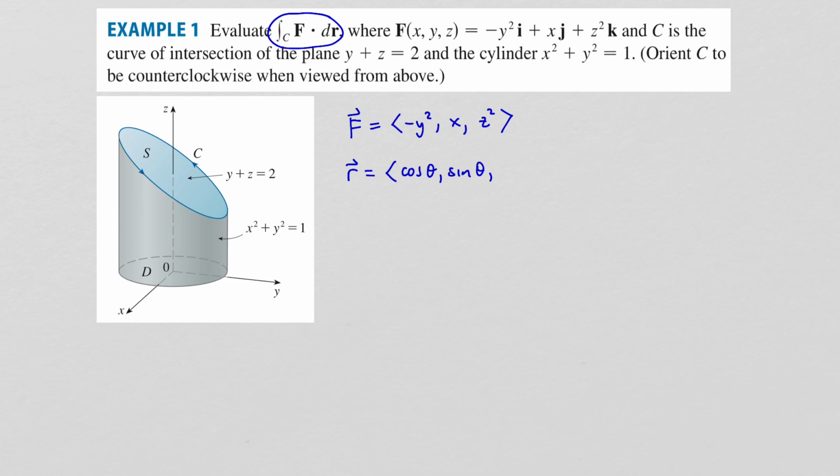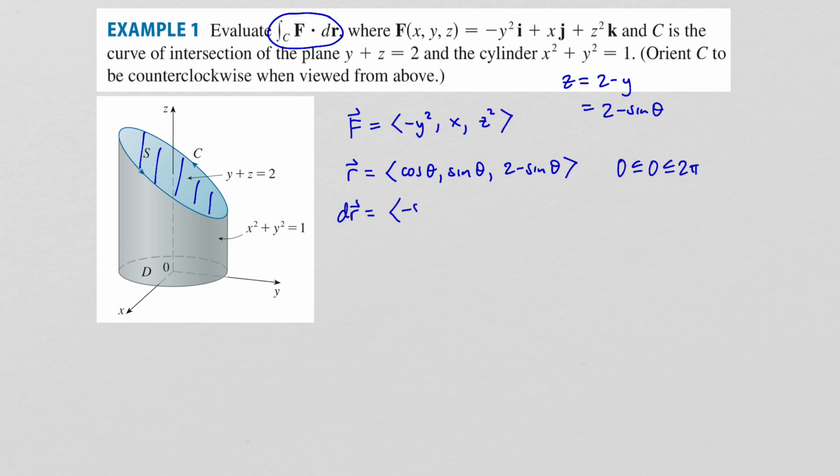But if we're on this surface up here, we know that z is equal to 2 minus y, which is 2 minus the sine of theta, and theta is between 0 and 2 pi. So now dr is simply negative sine theta, cosine theta, and negative cosine theta.